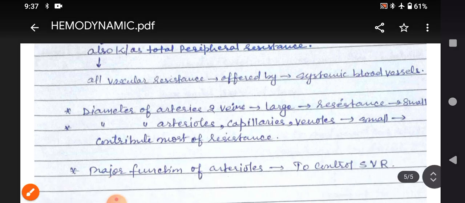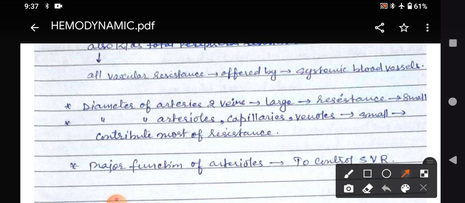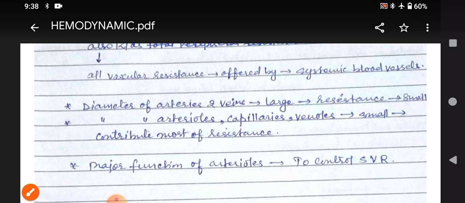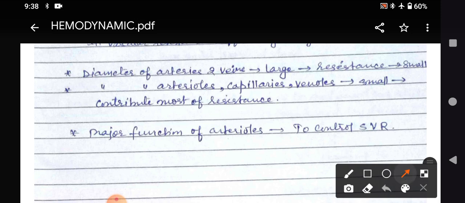Now, if the diameter of arteries or veins is larger, the resistance will be lesser. And if the diameter of arteries or veins is smaller, there will be a contribution for more resistance. So, the major function of arterioles is to control systemic vascular resistance.